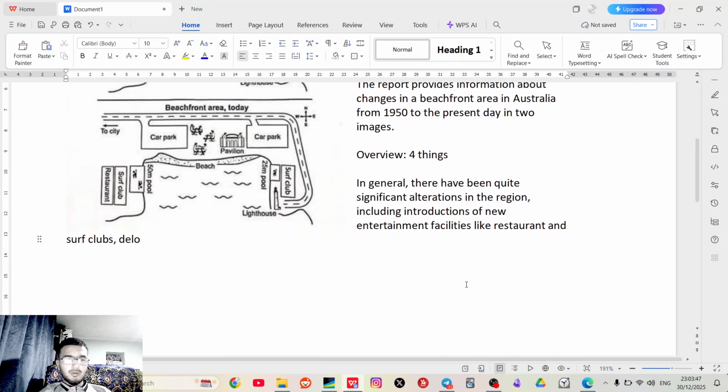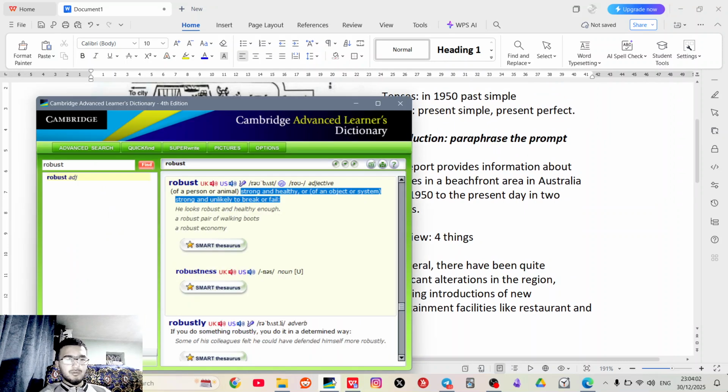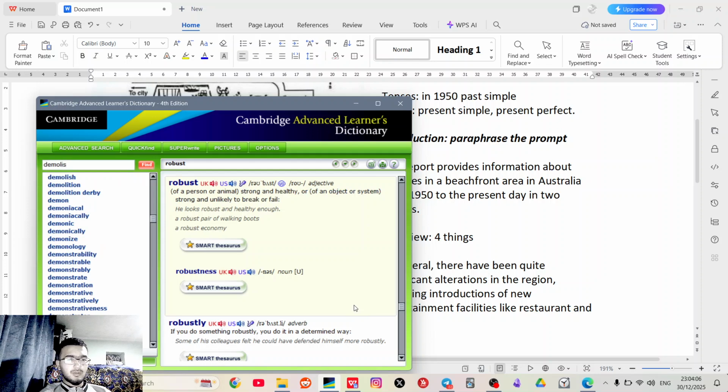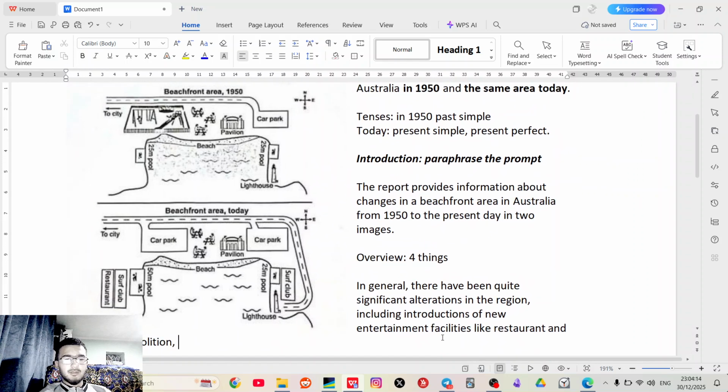Demolitions, which means to remove something, and lastly, in addition, a new car park.